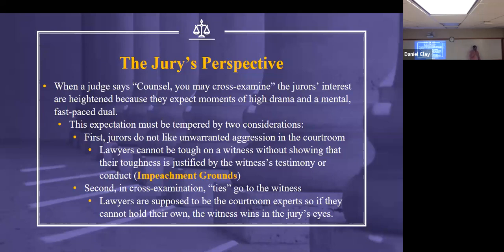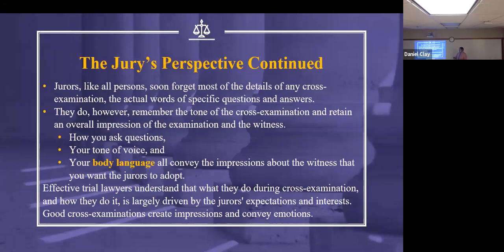So that's the rationale behind how we conduct ourselves during cross-examination. And it's a good thing to keep in mind because we are supposed to be experts, right? Experts in how to manipulate, and not necessarily in the negative connotation, but how to control people, how to control lines of questioning, how to build a case, how to present evidence, etc. So the jury's response makes sense.